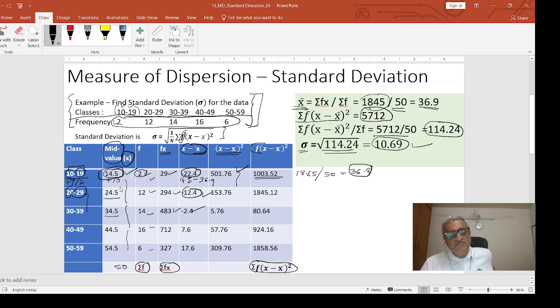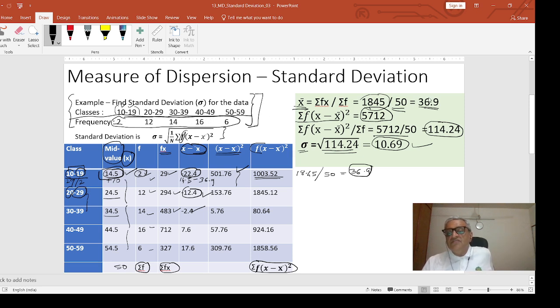We have seen frequency distribution tables in the initial videos, and we use these frequencies to multiply with the difference between the mid value and the arithmetic mean of that set of frequency distribution.